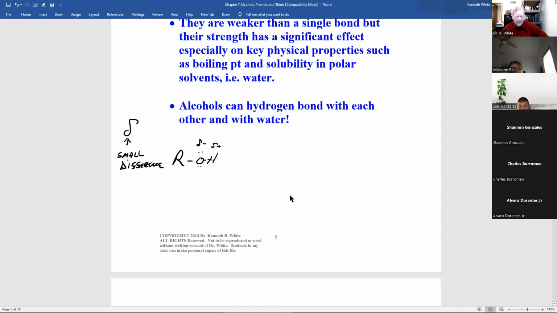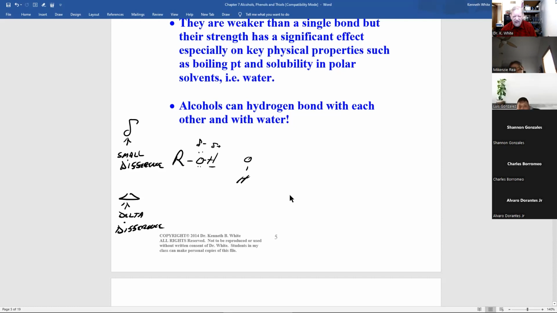We use that in organic chemistry. This is capital delta, and this means a large difference. So in alcohols, there's a slight negative charge on the oxygen and a slight positive charge on the hydrogen.